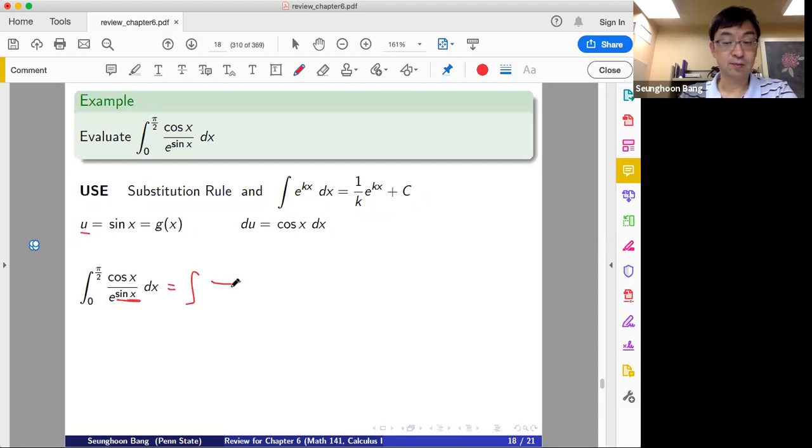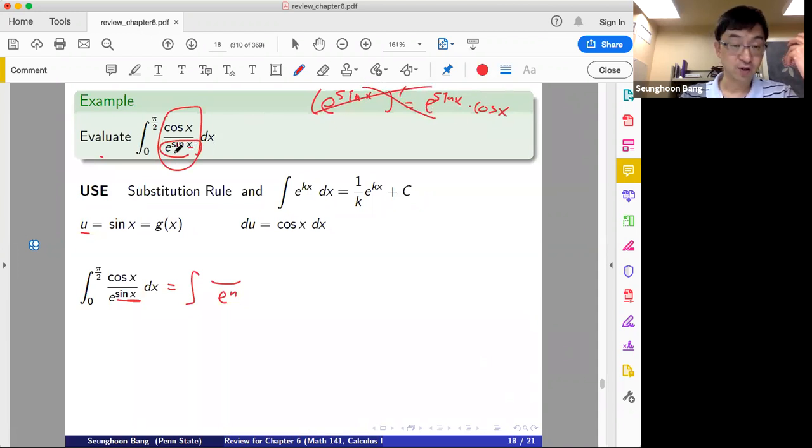How can you decide u? Only try. One example is here. You can choose e to the sine of x as u. Only take the derivative. So we have e to the sine of x times cosine of x, but we don't have it exactly. e to the sine x is not a good choice.